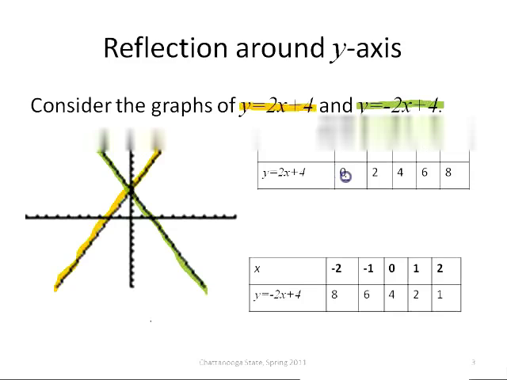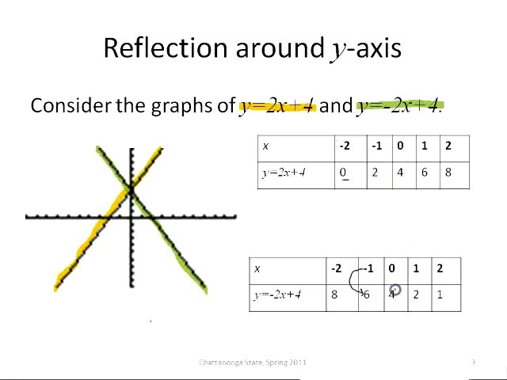So the negative 2 that was paired with a 0 to begin with is now going to be paired up with the same number as the positive 2 was. Here we have the point positive 2, 8, but in the reflection we have the point negative 2, 8. Same thing is true for negative 1. In the original graph we had the point 1, 6, but in the reflection I get the negative 1 paired up with the 6.